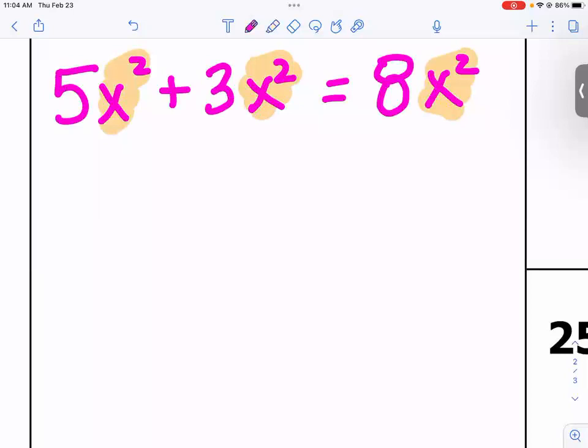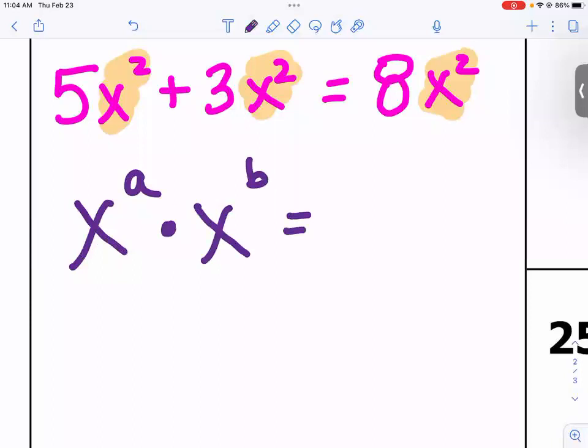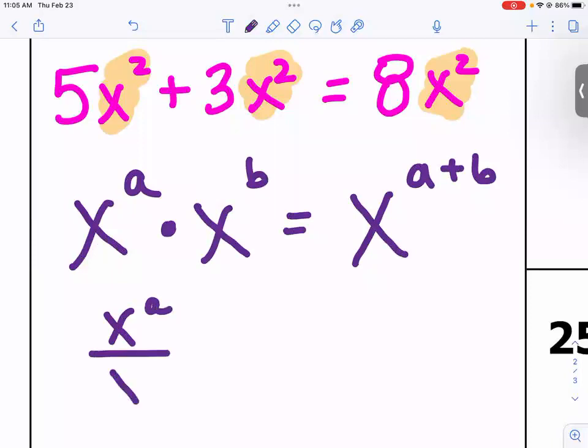We know that if we are multiplying and we have the same base with exponents, then we keep the same base and do what with our exponents? We add our exponents. And now we know that if we have the same base with exponents and we're dividing, we keep the same base and we subtract our exponents.